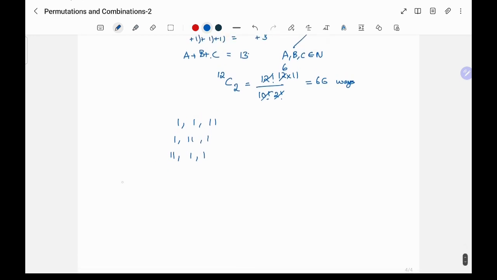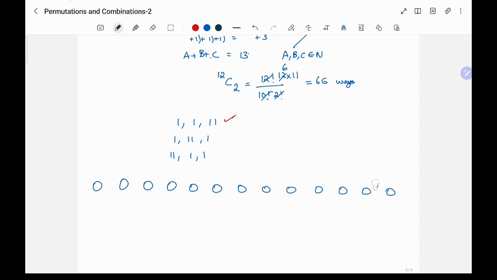So what does this mean if I have 13 marbles, 1, 2, 3, 4, 5, 6, 7, 8, 9, 10, 11, 12, 13? The first one, 1, 1, 11, means I'm placing the sticks in this place, right? And the second one, 1, 11, 1, means I'm placing the sticks here, correct? So these are different combinations. In the third one also, I'm placing them here.